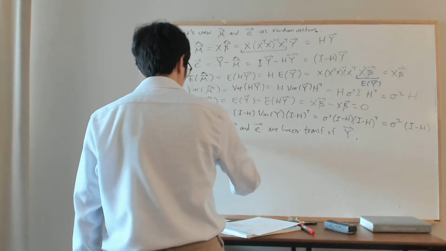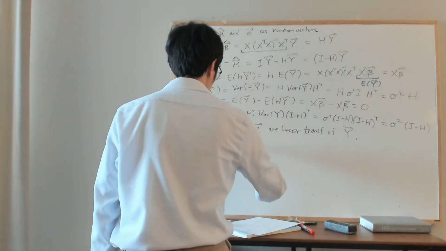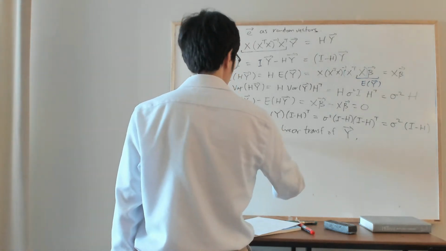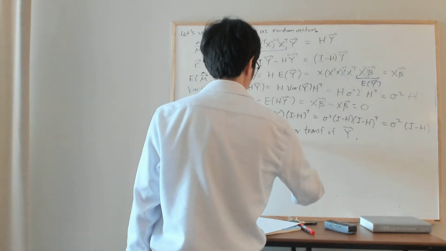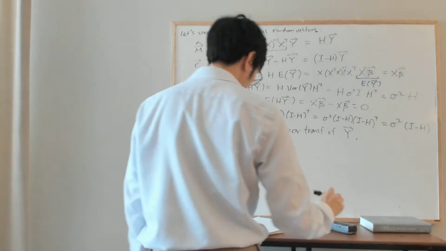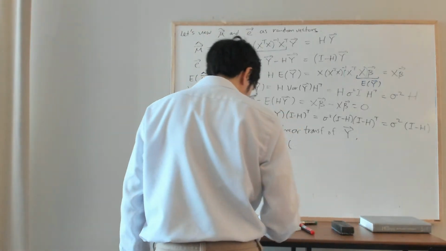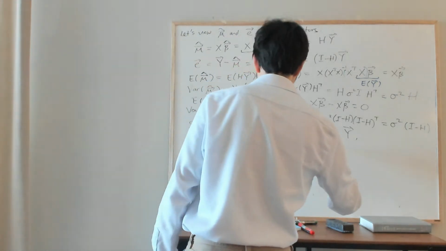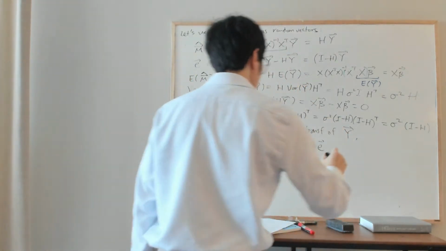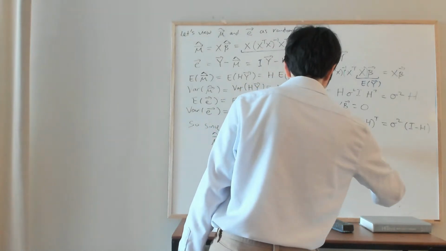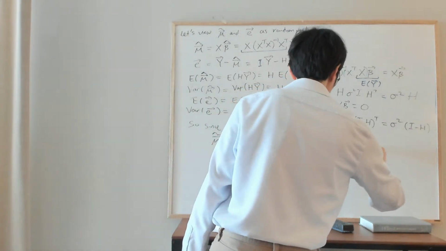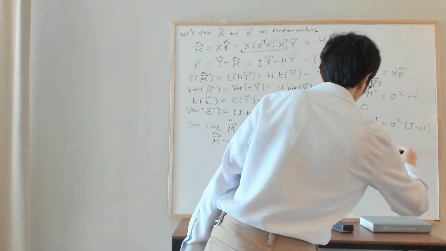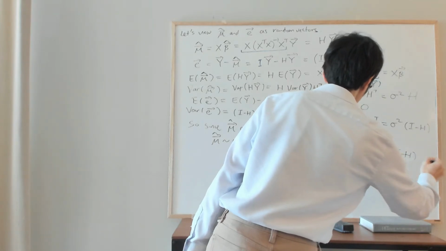Therefore, mu hat is multivariate normal with mean X beta and variance sigma squared times the hat matrix, and the residuals viewed as a random vector are also multivariate normal, with mean 0 and variance-covariance matrix sigma squared times identity minus hat matrix.